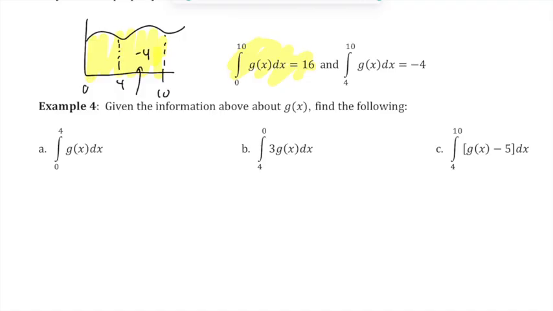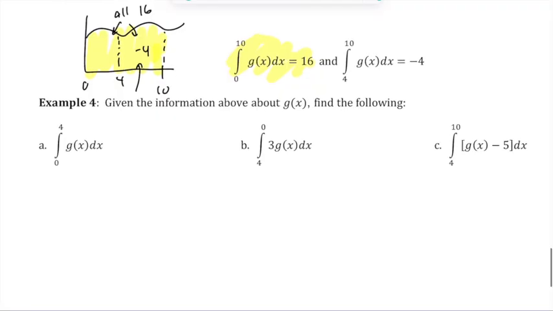So I guess this is not a proper drawing. This should be below the x-axis, like maybe something like that where that's negative 4, but you get the idea. And you can kind of see, from 0 to 4, that's our first question. This area plus this area has to equal 16. So this would have to be 20 minus 4 is 16.